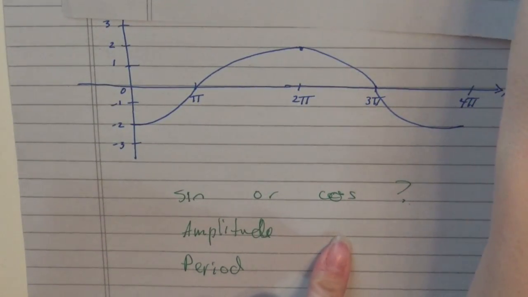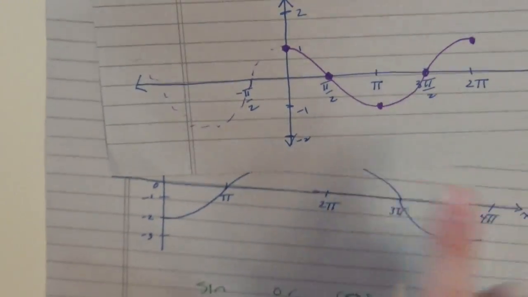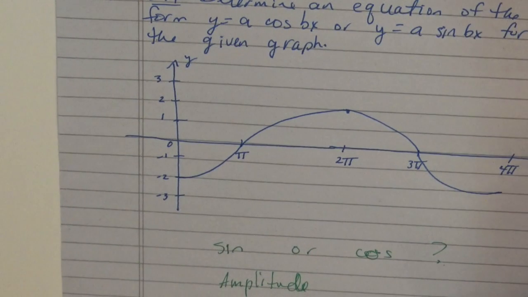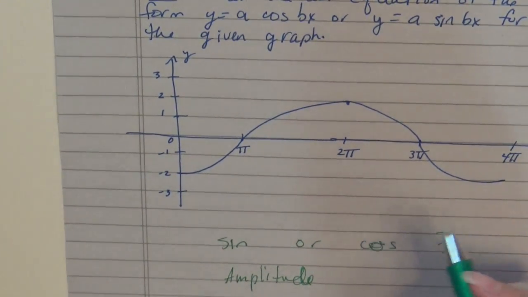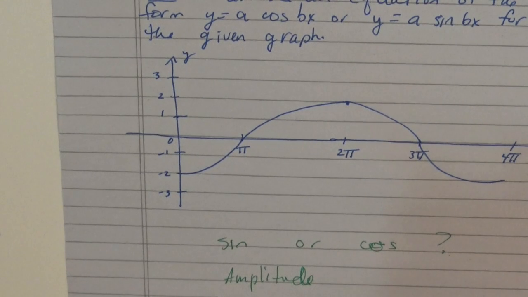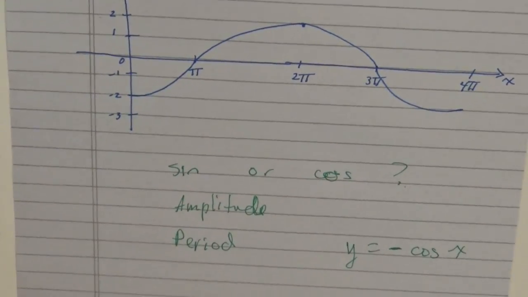So I'm saying that this is going to be a cosine function. It also looks like it's been reflected, so we're going to have a negative in front of it. So I'm going to start with y equals negative cosine x, and then I'll build from there.